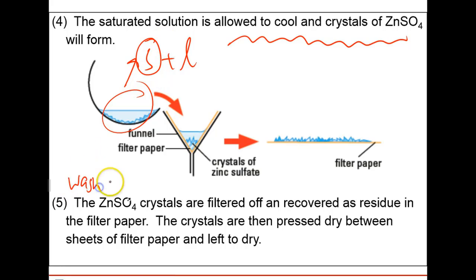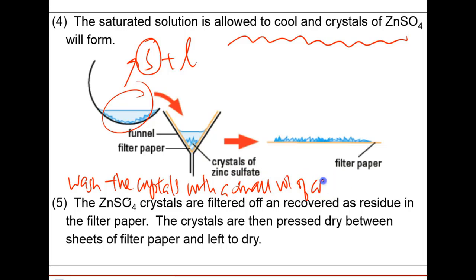We wash the crystals with a small volume of cold distilled water, to wash off any impurities and any of the extra solution. Then we simply leave it on the filter paper to dry. So this is the process of crystallization to obtain a salt which is soluble in water.